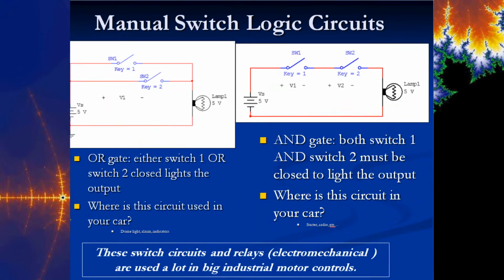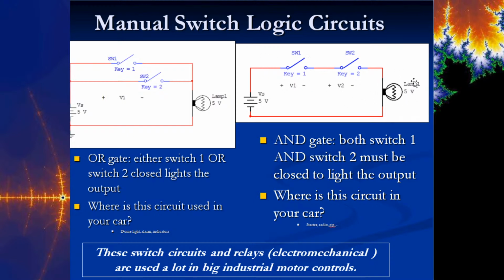So if you configure more than one switch in a system, you've essentially set up a control mechanism that's going to be in one of 2 logical orientations. One way to do it is what you see up here. For this lamp to turn on, remember, you can't have any circuit current if you don't have a complete path. If you have an open, there is no circuit current.